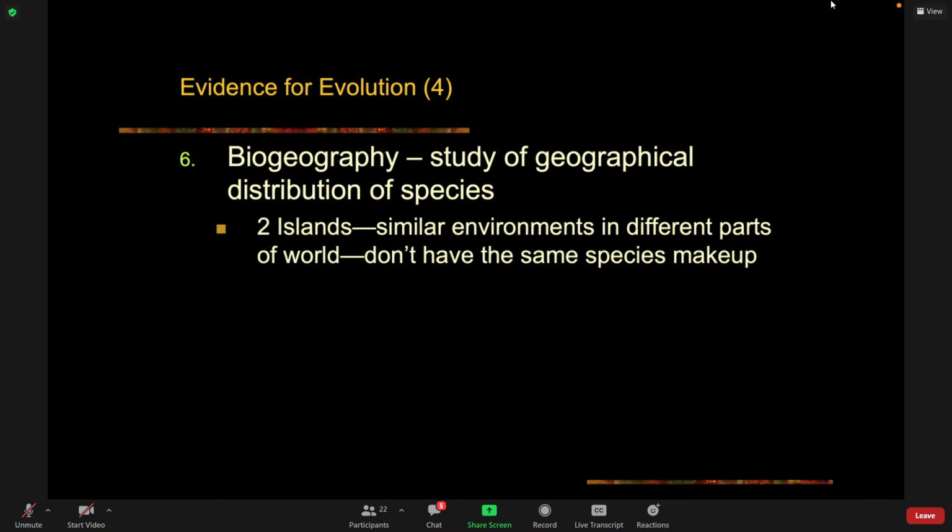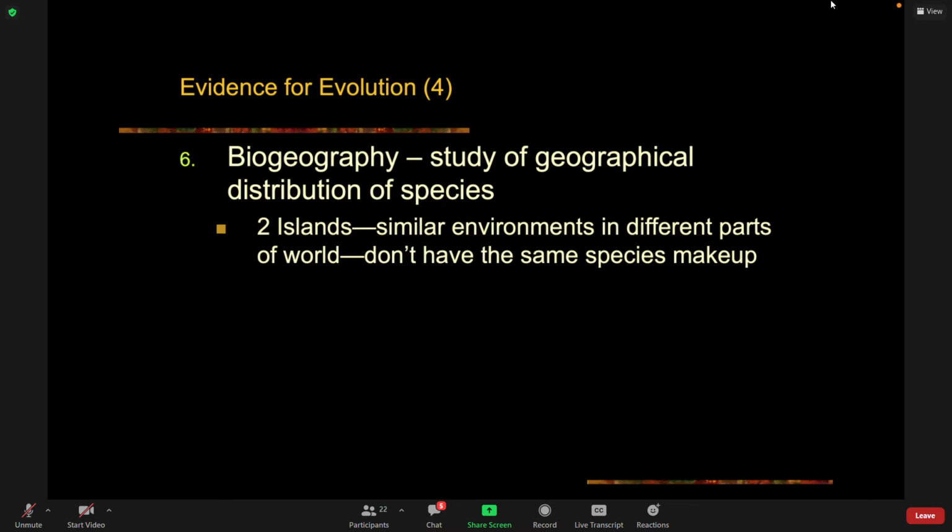One of them is in the tropics of South America, and another one is in Southeast Asia, at about the same latitude, having the same environmental conditions. But when we compare the plants and animals on those two islands, we find that they are not the same, not even similar to each other, except by convergent evolution maybe, but not by homology.